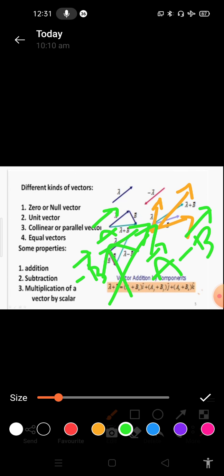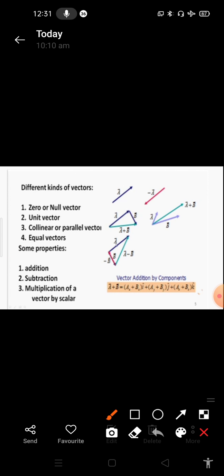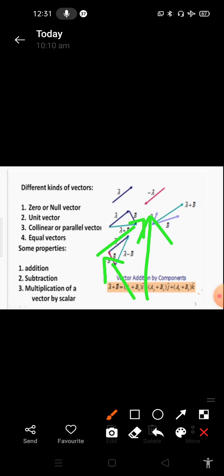You see clearly, A bar is in this direction and B bar is in this direction, then the resultant vector is in this direction, A bar minus B bar. So this is the representation of vectors, okay? If you are having any two vectors, then the addition is like this, okay?